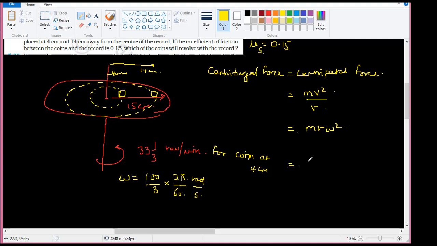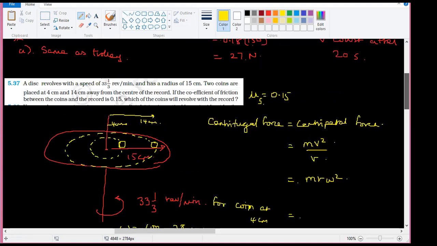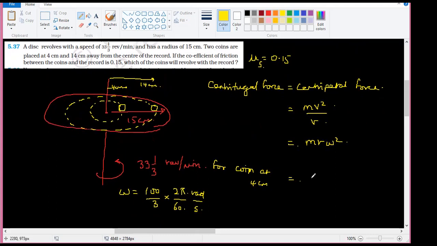The mass of the coin is not given, so let's leave it as m. Radius is 4 centimeters, so 4 by 100. Omega squared is this entire thing squared, so it is 100 by 3 into 2 pi divided by 60, the whole squared.